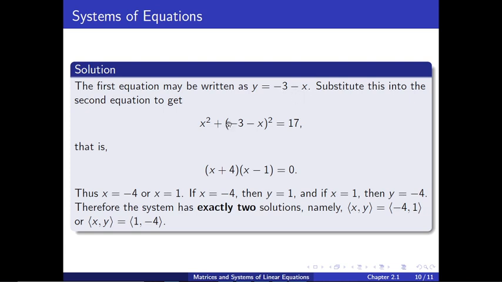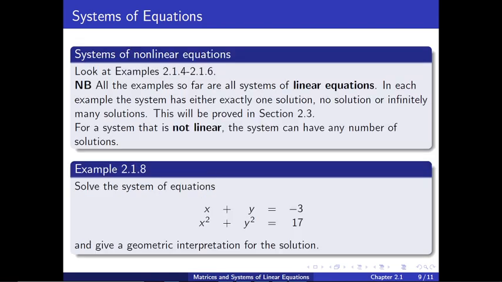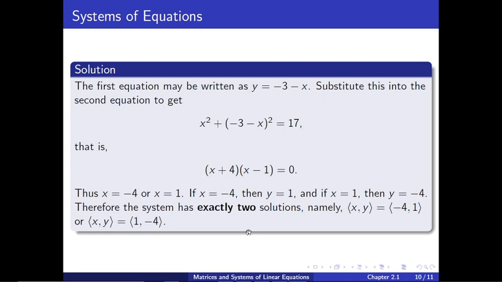And if we substitute that into the second equation, so where there is a y, here we put minus 3 minus x, we find out that we are going to have x squared plus (minus 3 minus x) squared is equal to 17.